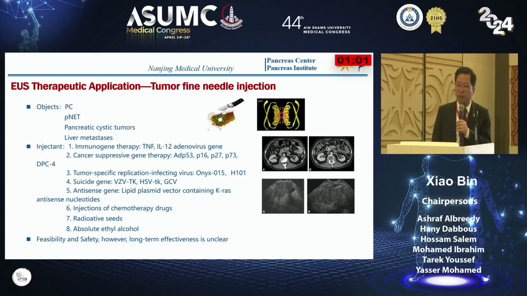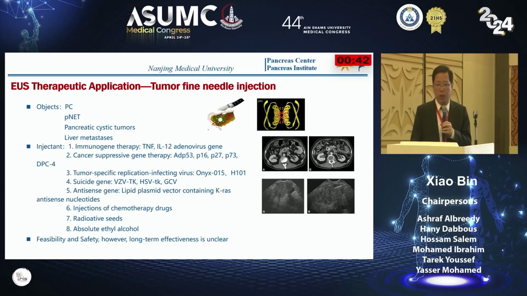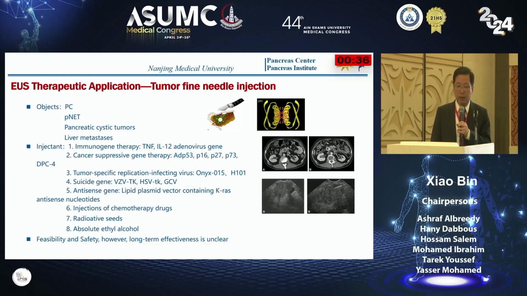The tumor fine needle injection, FNI, can be used for pancreatic cancer, PNET, pancreatic cystic tumors, or liver metastasis. There are several kinds of agents you can inject into the tumor, but till now, the only useful one with data analysis is ethanol.